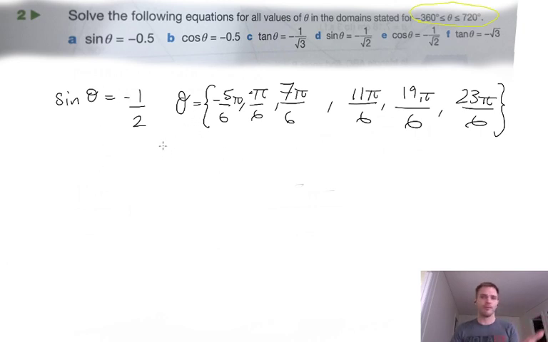So now this gives it in radians, so let's answer these in degrees. We can convert all these to degrees. The way that we're going to do that is we're going to multiply each one of these numbers, each one separately, by the conversion factor. So we know that pi equals 180 degrees.